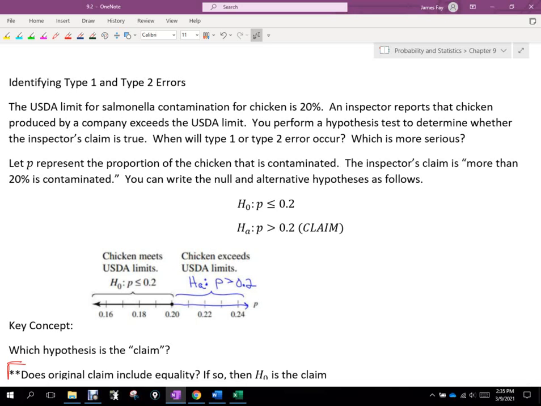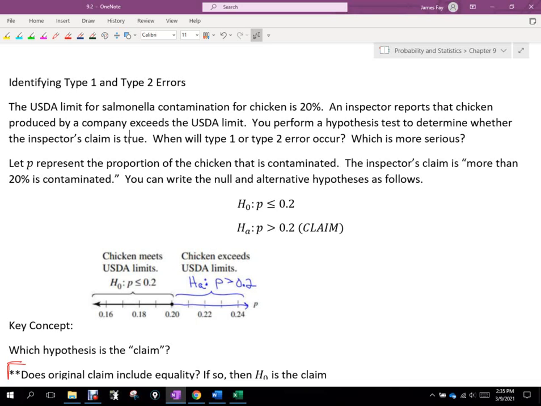We have to really think about what's going on, what is being asked, what obviously is the claim, and then we go through the math. But when we're done, we have to justify: this was the claim, the data led me to this decision, now summarize what that means in regards to what the claim was.